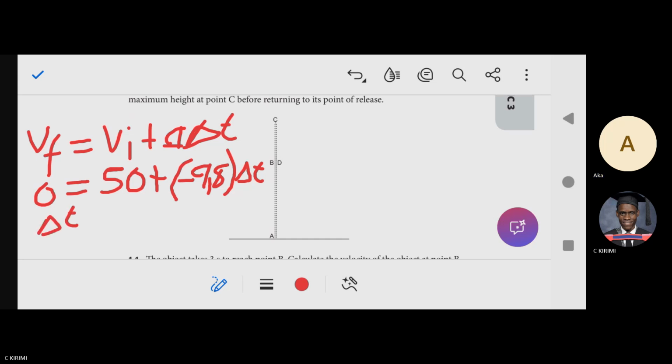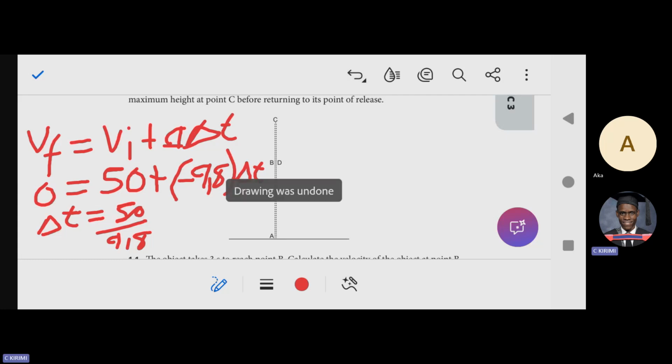5.1. Which is equal to 50 divided by 9.8. You must take 50 to the other side. It must be negative. What if you take the negative to the other side? It will be the same. Whether you divide negative 50 over negative 9.8, it is still fine.